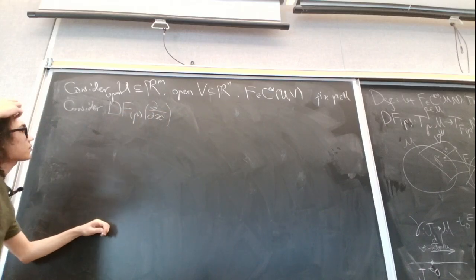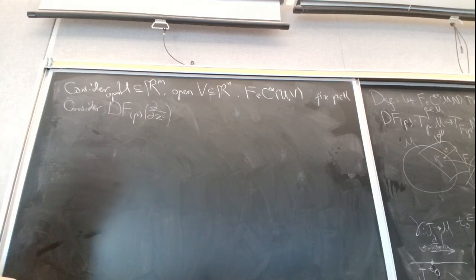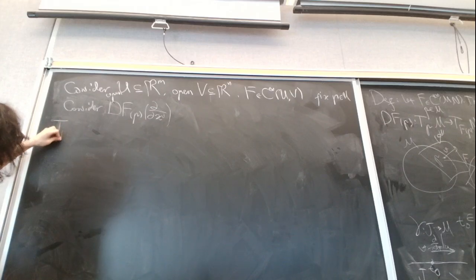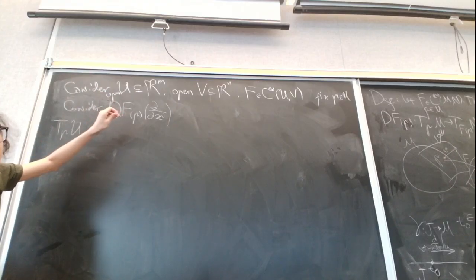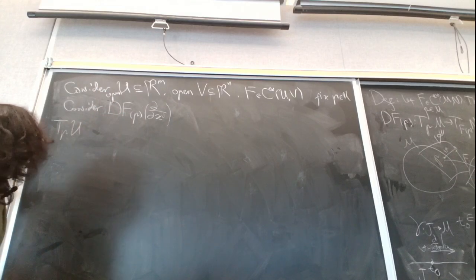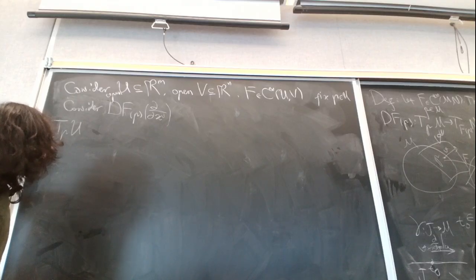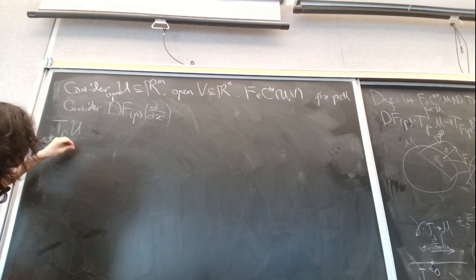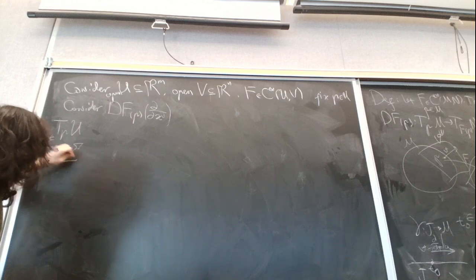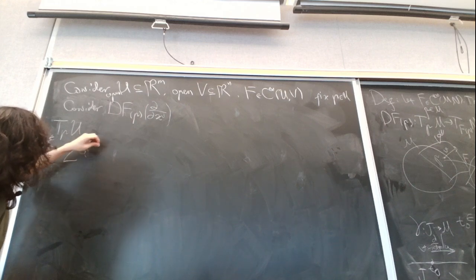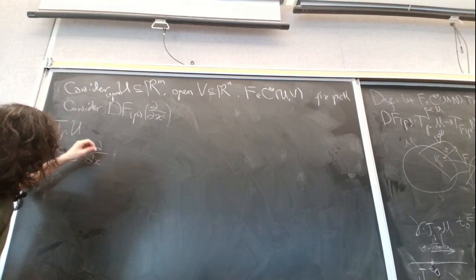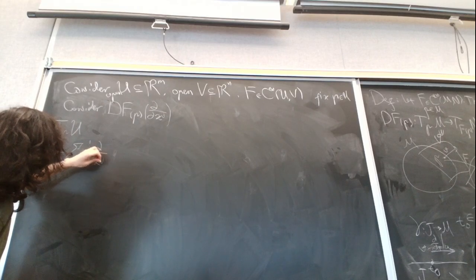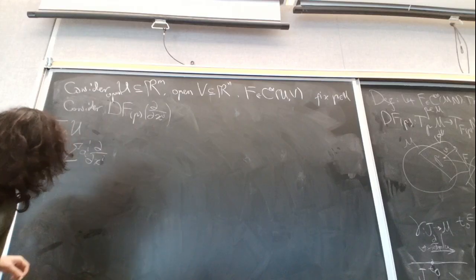Let's think about this for a second. If I have T_pU, a tangent space of Euclidean space, my vectors here are going to be some combination of a_i times partial over dx_i.